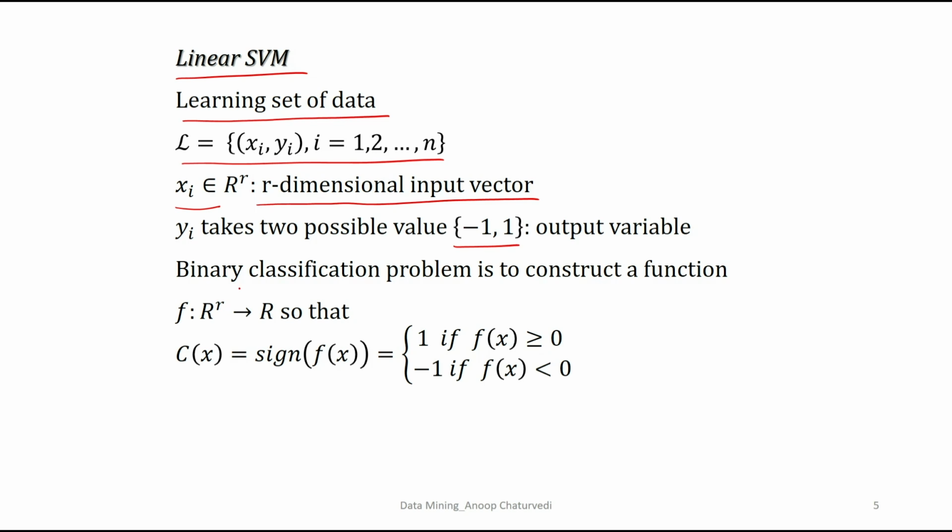Then the binary classification problem is to construct a function, say f, which maps from R^r, which is the feature space, to R, so that C(x) is equal to sign of f(x), and then C(x) takes value 1 if f(x) is greater than or equal to 0 and -1 if f(x) is less than 0.